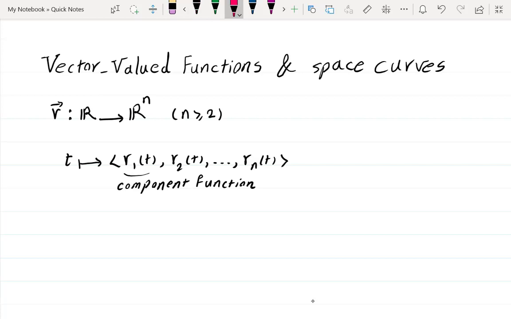To find the domain of a vector function, it is enough to find the intersection of the domains of all component functions.